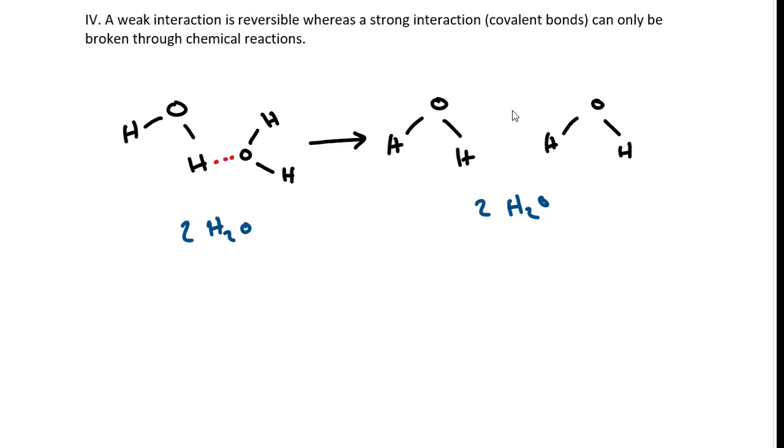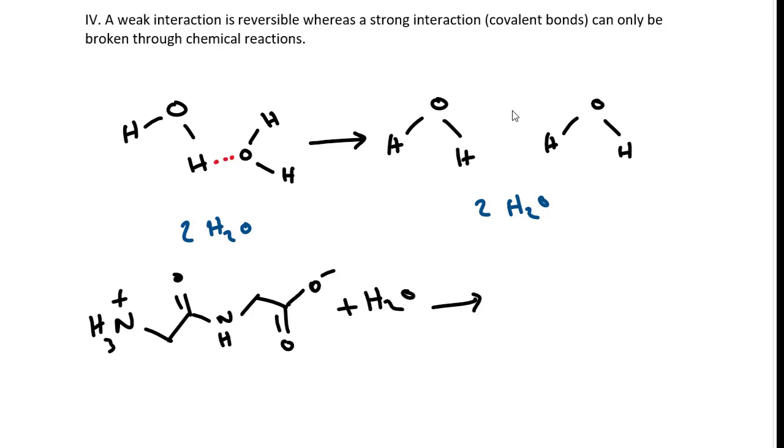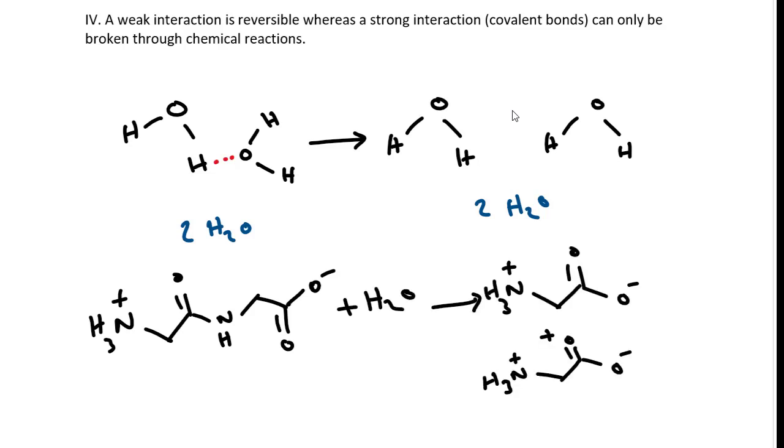You don't change that. Whereas when you break a strong interaction, for example, a dipeptide, if I break it into two amino acids with a hydrolysis reaction plus H2O, what do I end up with? I end up with two amino acids. So what do I have on this side? I have a single dipeptide and one H2O molecule.